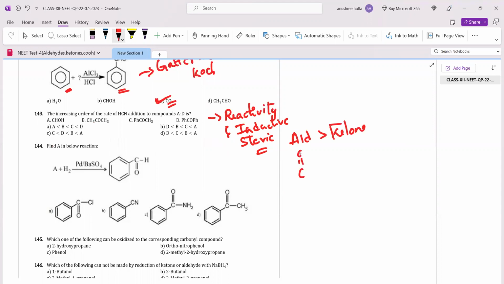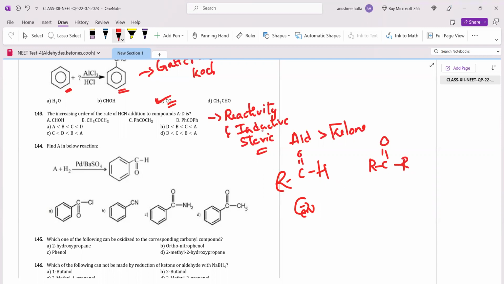Because in an aldehyde, on one side you have an R group and on the other side hydrogen. So it is less bulky, which means the attack of the nucleophile, in this case CN minus, is very easy because I have a bulky group only on one side, not on the other. So comparatively, this is better than the ketone, wherein I have bulkier groups on both sides.